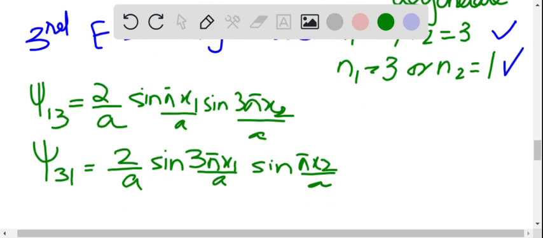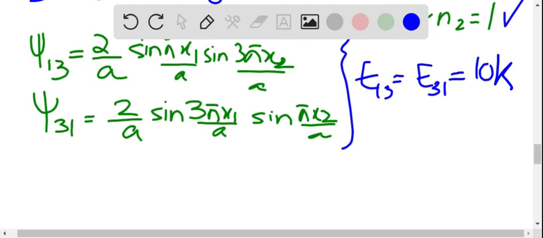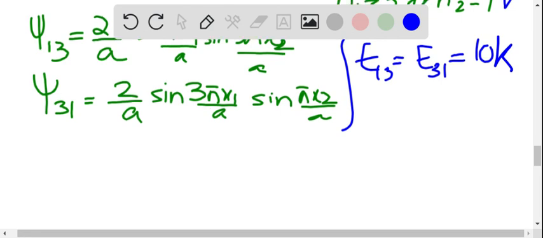And from these two equations we would get that energy E 1 3 is equal to energy E 3 1, that is equal to 10k, right? Now this was the solution for the first part of the B part, right?